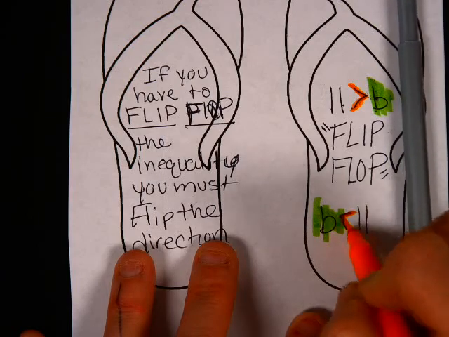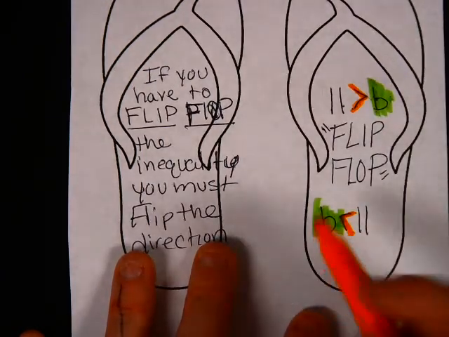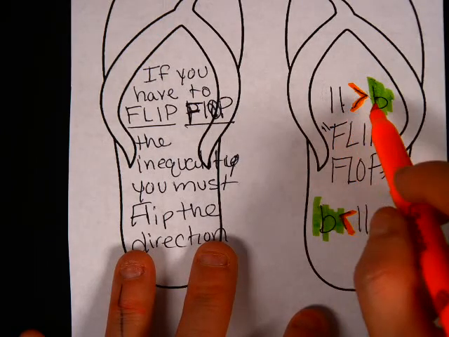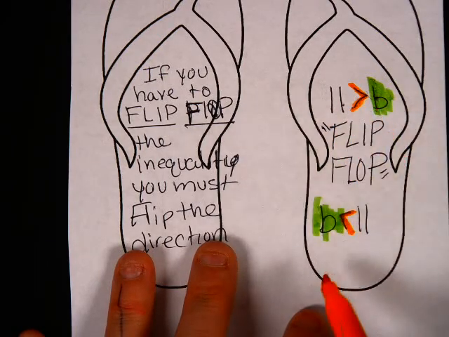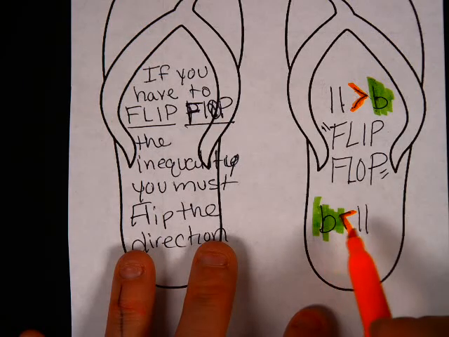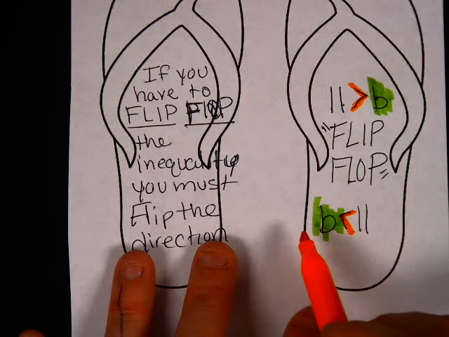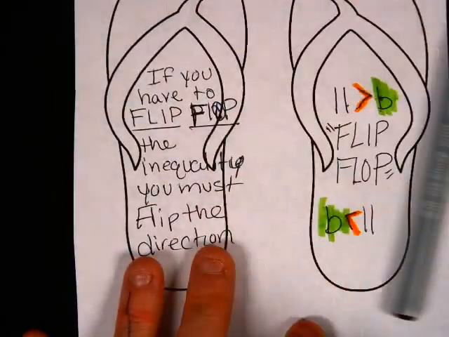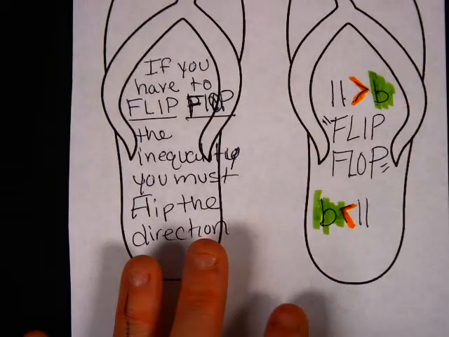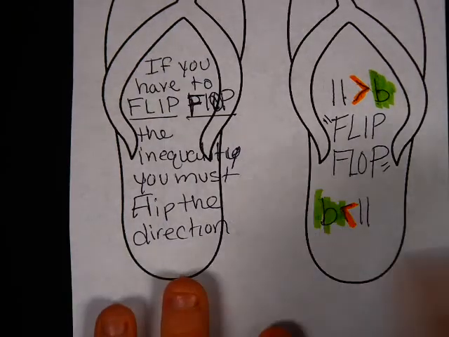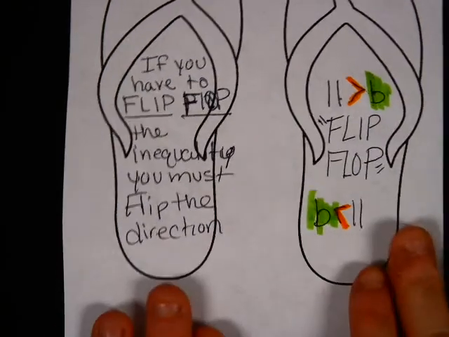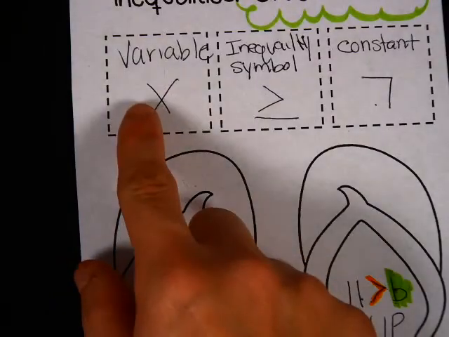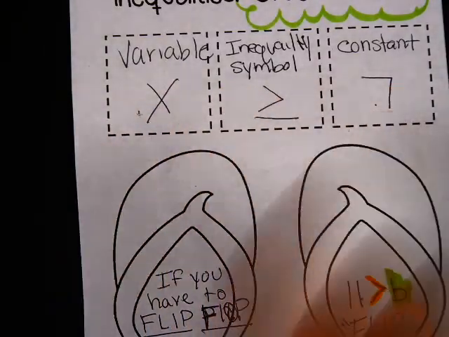But if we read this, it started out as 11 is greater than or equal to B, to B is less than or equal to 11. It means the exact same thing, but we did technically change it. So that is why we have a whole page of notes on it. Okay? Don't let this confuse you. This is simply flip-flop. You just want it in the variable, inequality, constant order.